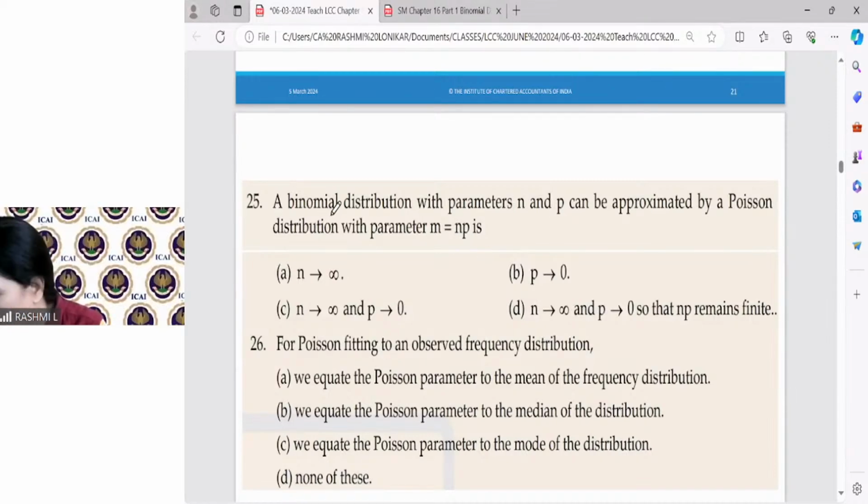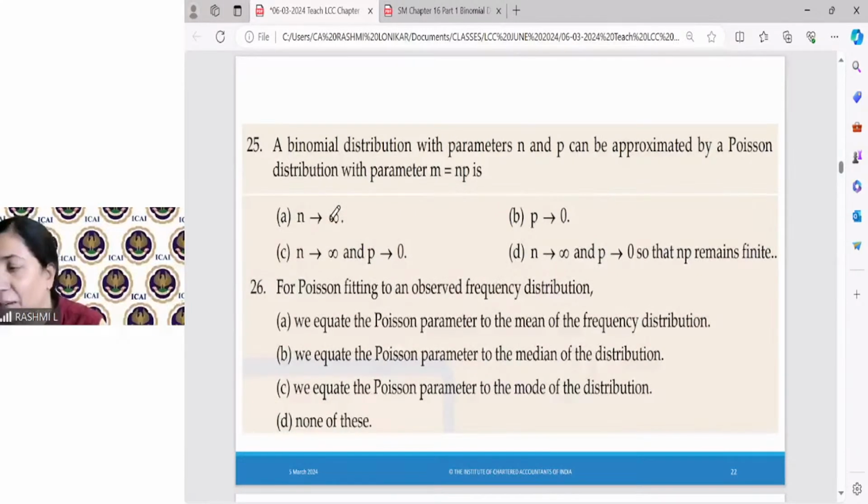A binomial distribution with parameters n and p can be approximated by a Poisson distribution with parameter m equal to np. Again, these are questions I've selected very carefully so that you understand the words that are very, very important in theory MCQs. N tends to infinity, correct? Yes. P tending to 0, correct? Yes.